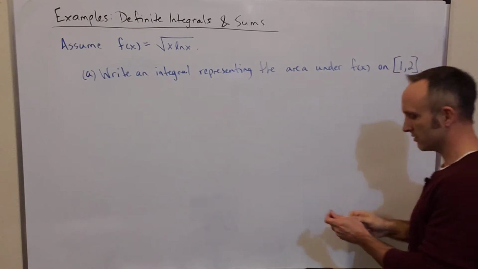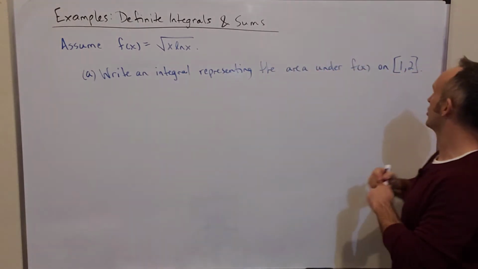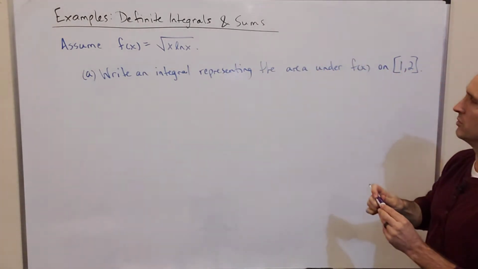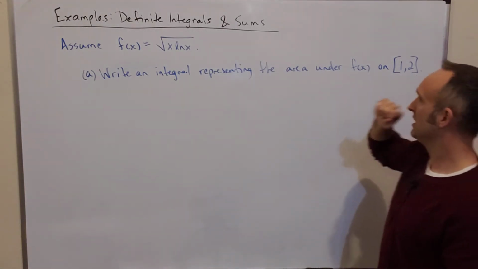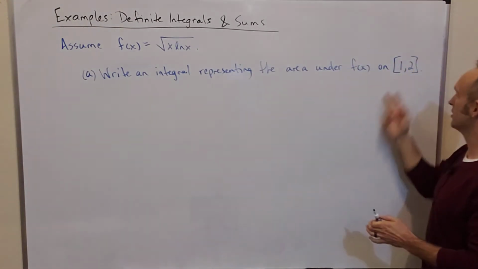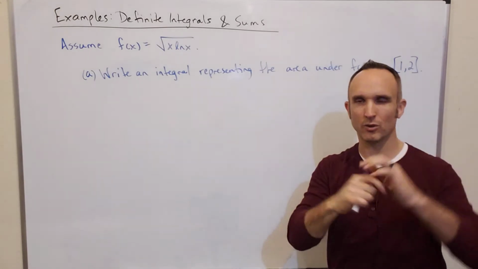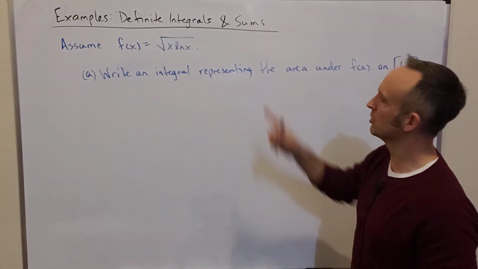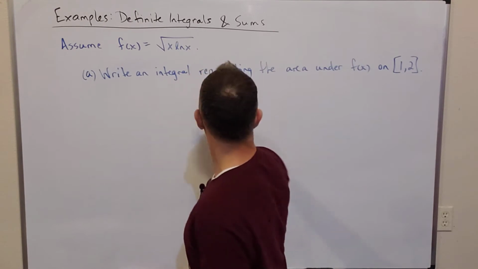Notice that this function is continuous and differentiable over this interval, so we don't have any issues. We don't have any jumps in the graph or anything like that. It's certainly continuous.